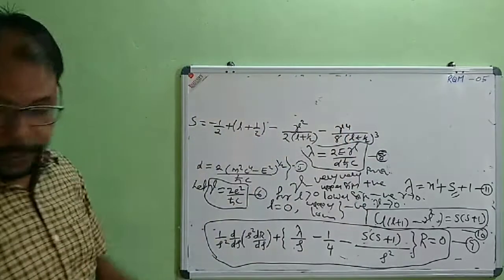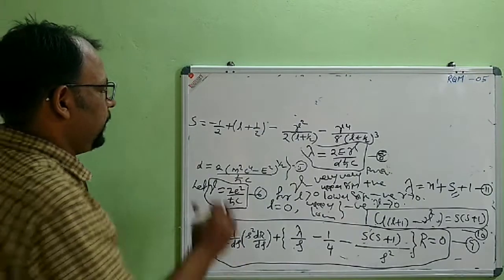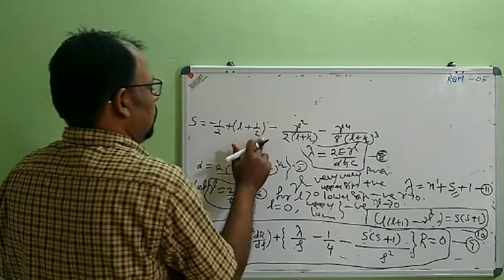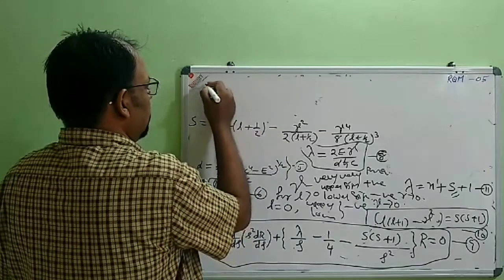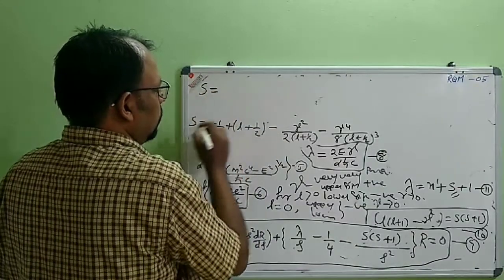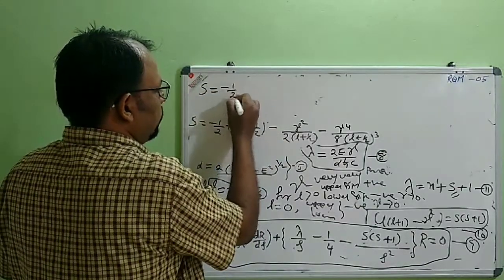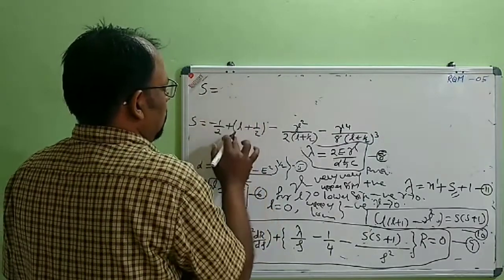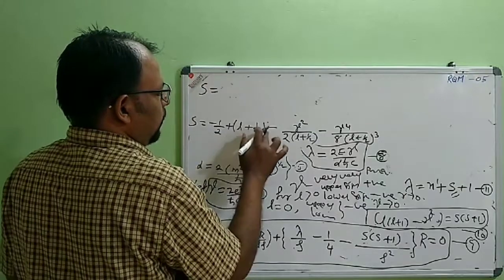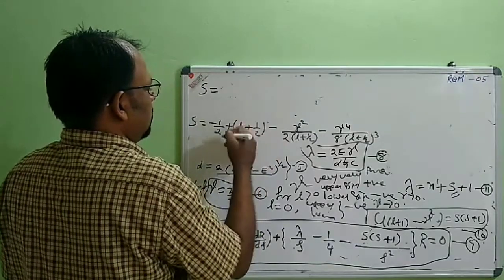This minus 1 by 2 plus 1 by 2, so this will cancel. Then I will be getting S is equal to minus 1 by 2 plus L plus 1 by 2. So this will cancel.